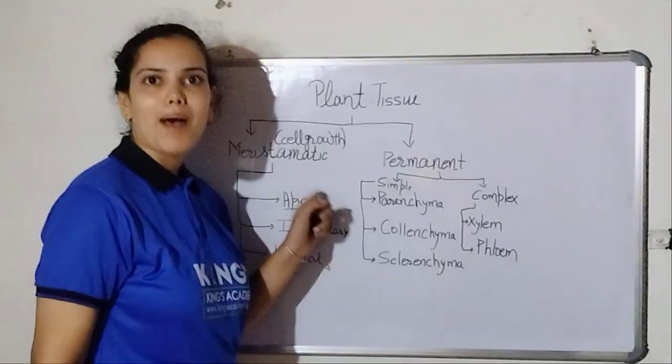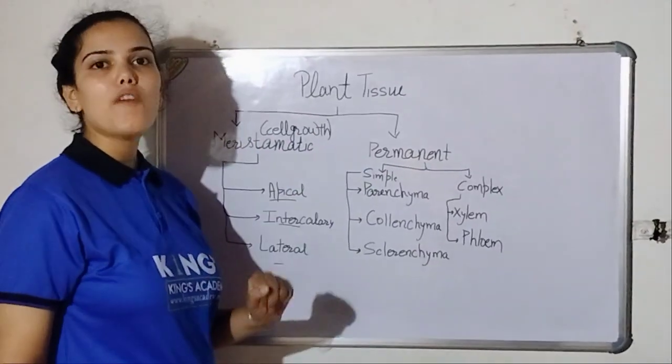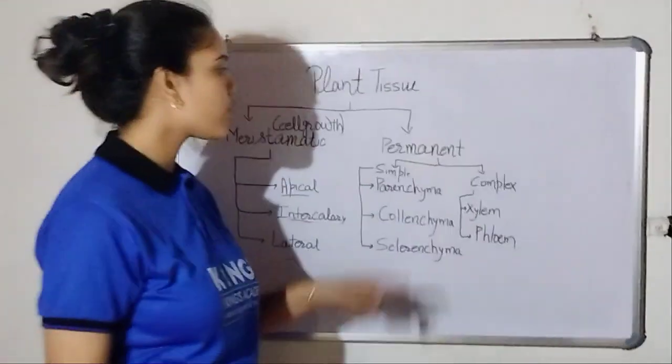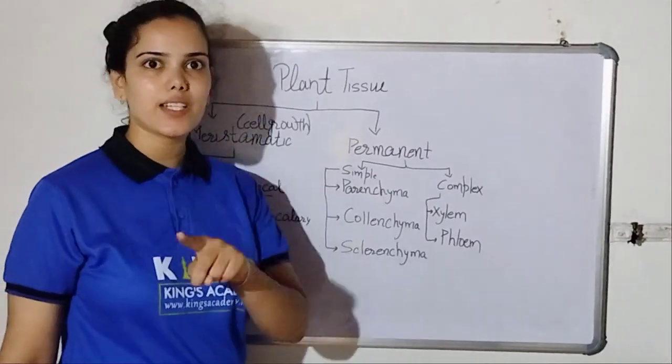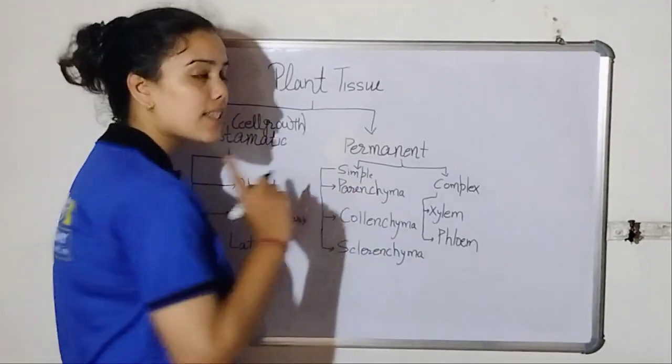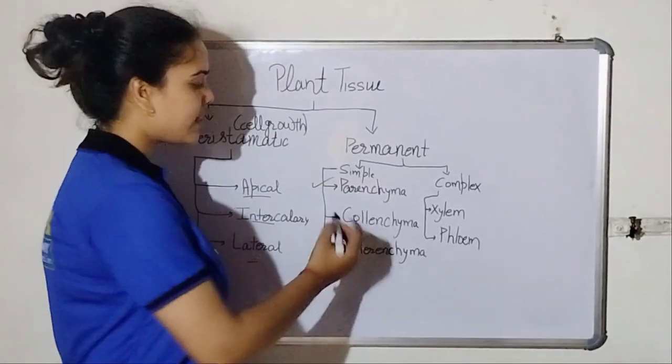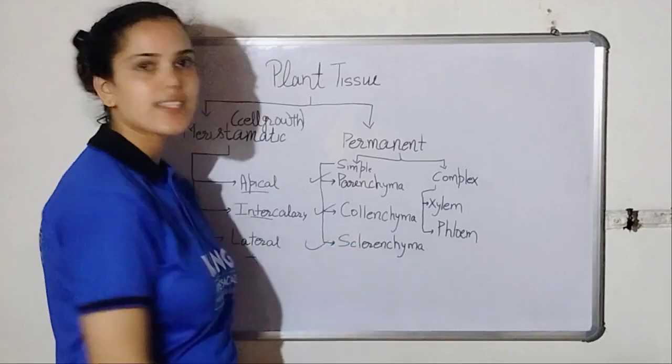Now after the meristematic, there is the group of tissues which is known as permanent tissues, and these are of two types, simple and complex. First one in the simple category is parenchyma, then collenchyma and then sclerenchyma.